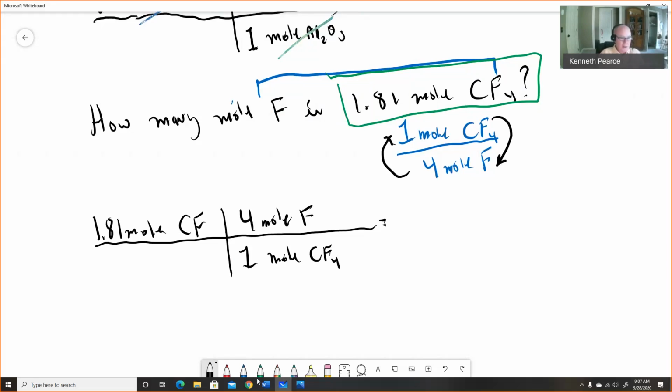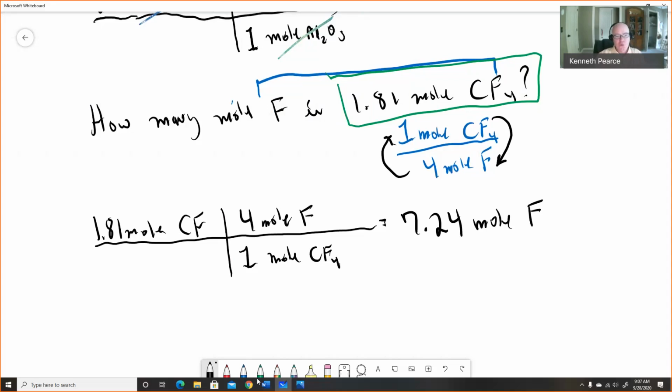We put this in our calculator, 1.81 times 4, and that gives me 7.24 mole fluorine. Now, it's very important that we have everything labeled, and here's the reason why.